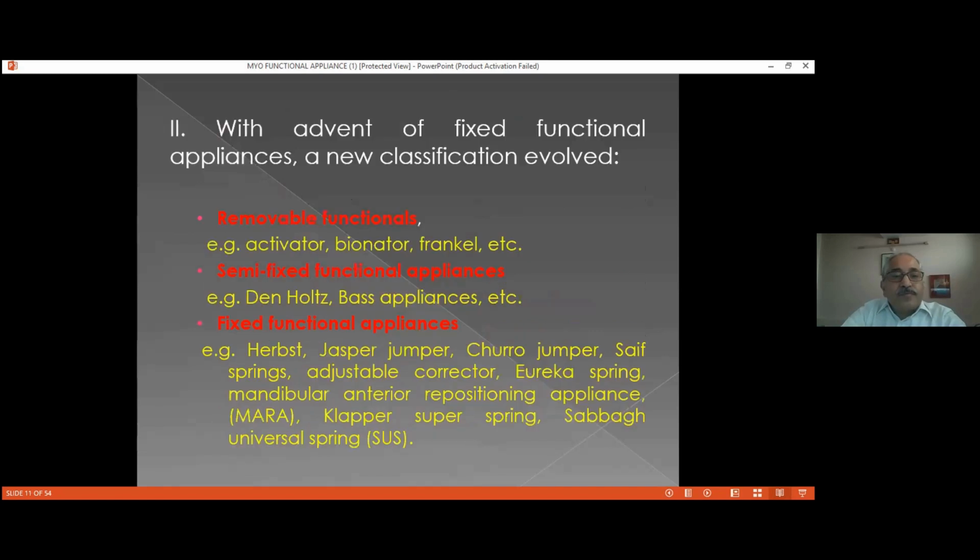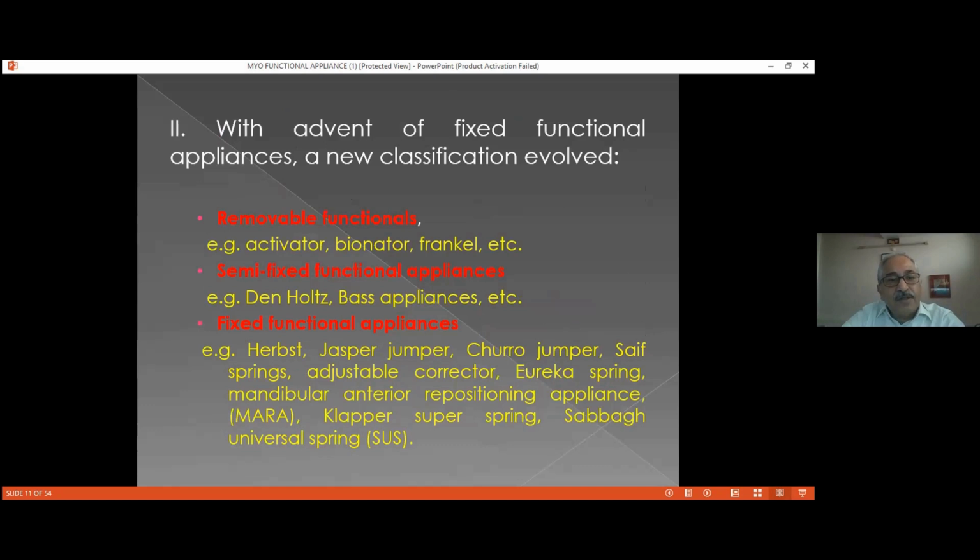With the advent of the fixed functional appliances, further modification was done in classifying the myofunctional appliances. There are removable appliances, which can be removed by the patient: activator, bionator, and Frankel.